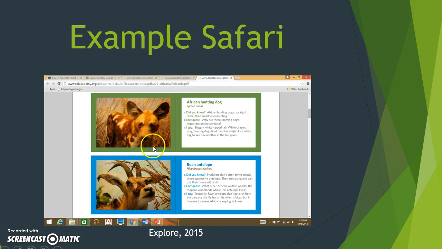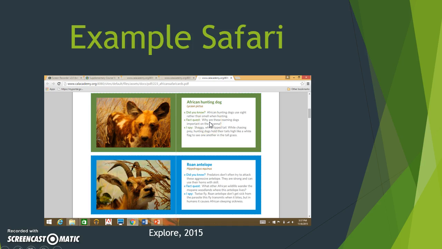Once you find a safari card, you'll need to write the name of whatever you find on the safari card. Again, in this situation, it would be the African hunting dog. Then, what I want you to do is write something you found interesting from this information next to the name. For instance, I would probably put that they hunt by smell. They hunt by sight rather than smell.